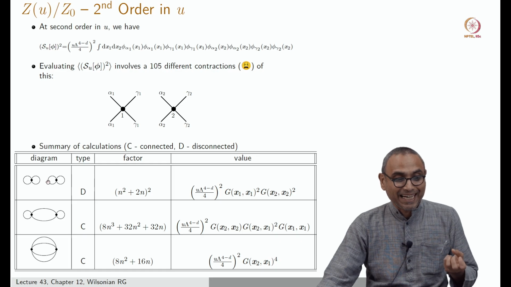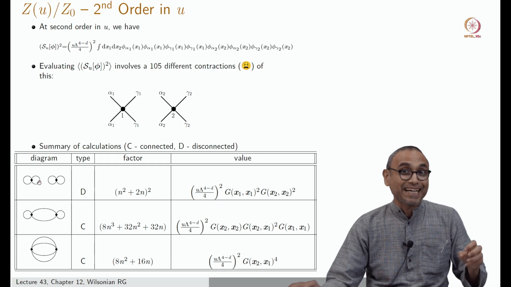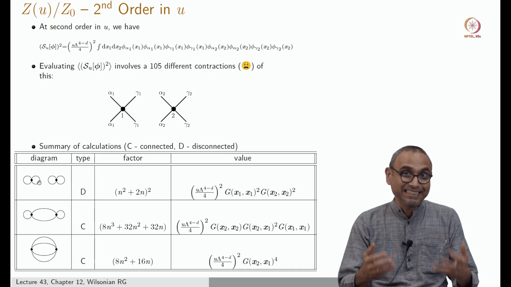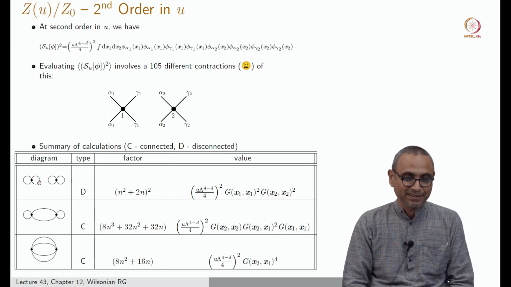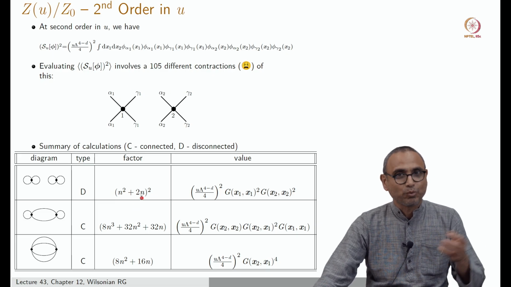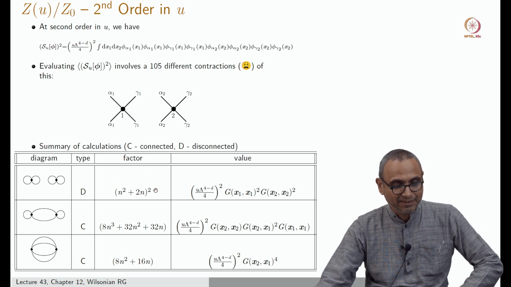If you look at the diagrams you get by contracting this with itself and this with itself, you will find that they look like products of diagrams of order 1, hence called disconnected diagrams. The factor associated with this is n squared plus 2n, exactly what we had before, so the factor going around with this will be just this quantity.